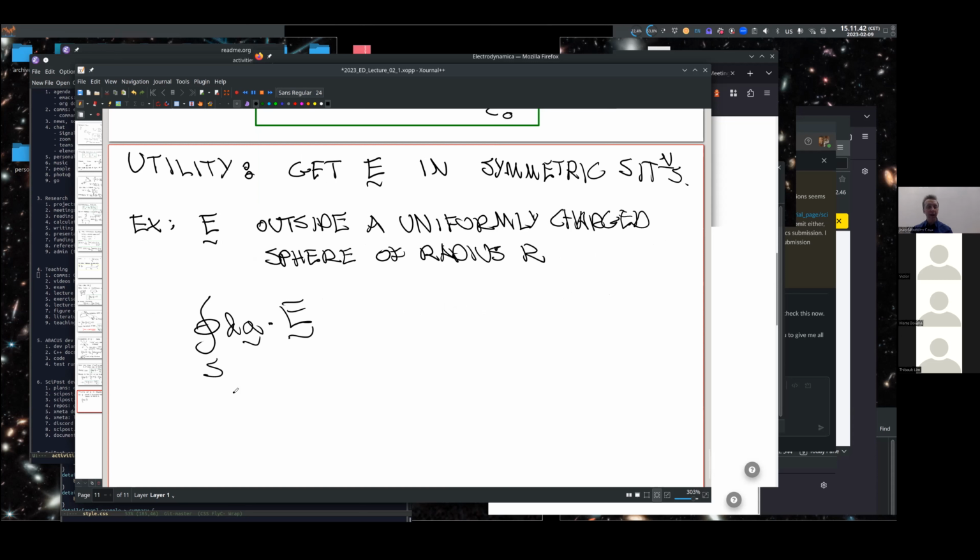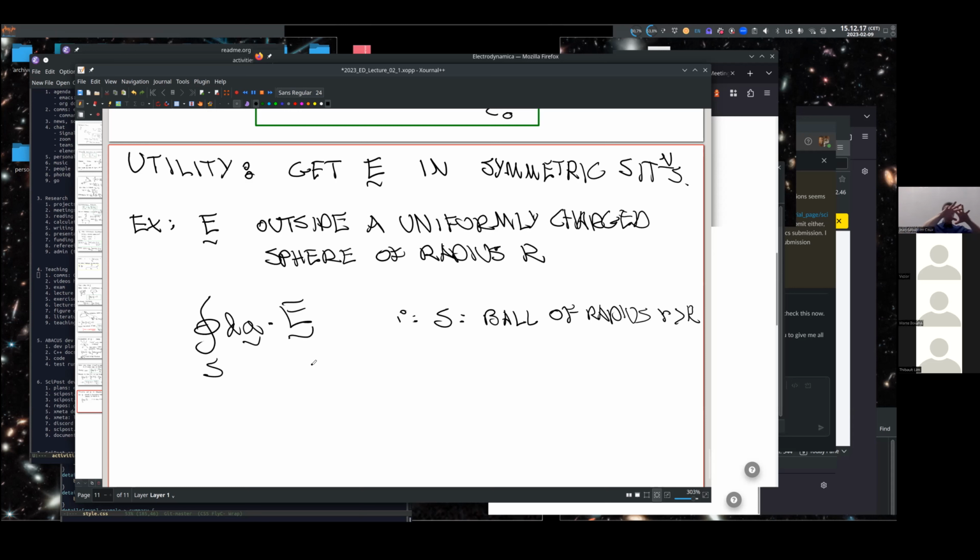Let's say first of all that S is a ball of radius little r, which is bigger than big R. We're computing the surface integral of the flux of E through that ball, which is now bigger than the sphere containing the charge.